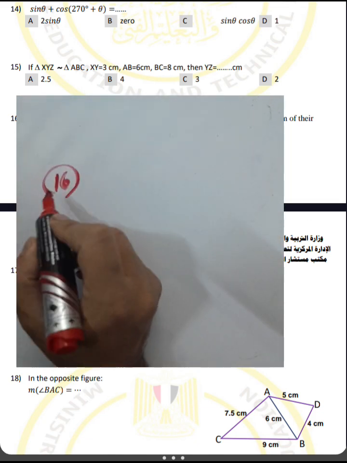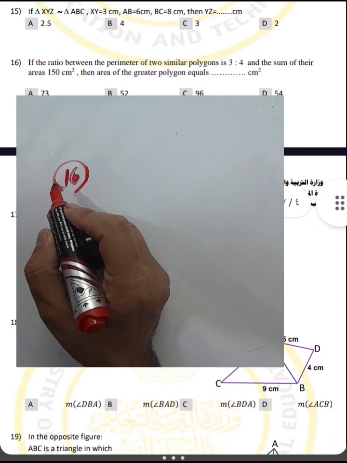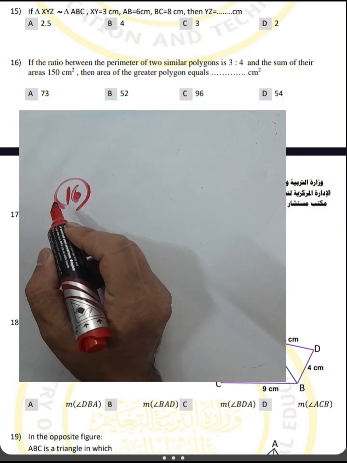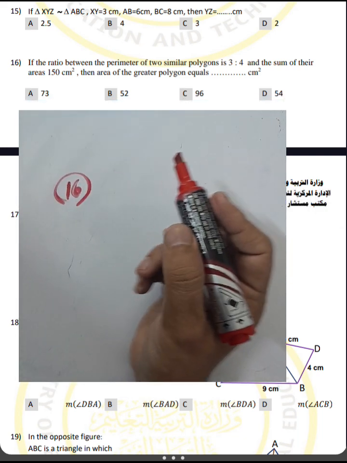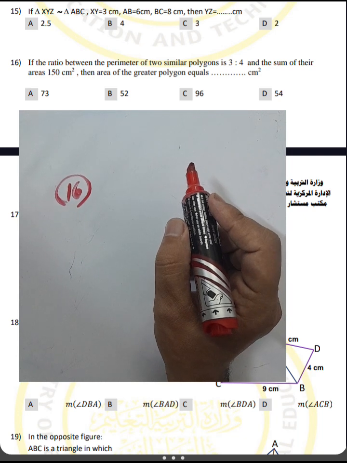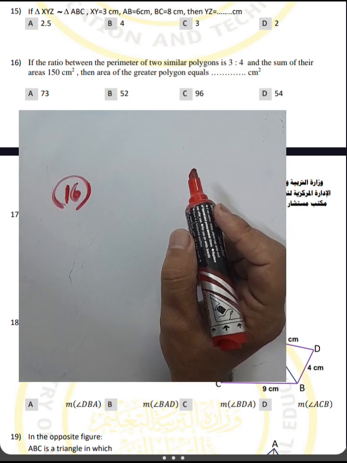Question 16. If the ratio between the perimeters of two similar polygons is 3 to 4 and the sum of their areas is 150 square centimeters, what is the area of the greater polygon?